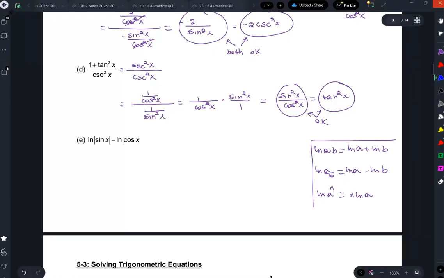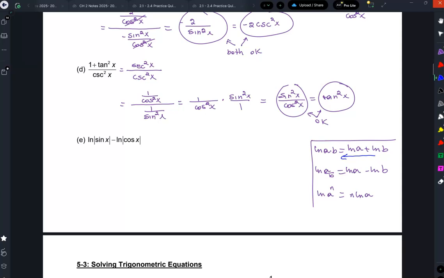Now, we can also go this way, right? If I was walking down the street and on a billboard I just saw ln of a plus ln of b, I would say, oh my God, that's ln of a times b. So if I have this, I can also rewrite it. Now, what's the domain of ln? Can you have ln of a negative number? No. Can you have ln of 0?